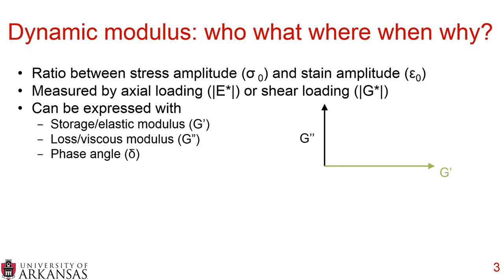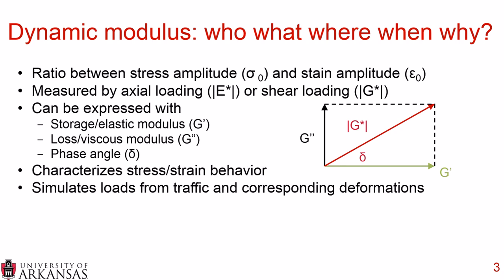So for example, if we have our G prime on the x-axis, the storage or elastic modulus, and the G double prime, the loss or viscous modulus, you can take the resultant vector of those two moduli and you can get G star. And G star and delta are defined by the corresponding vector and resultant angle between the storage and loss modulus values.